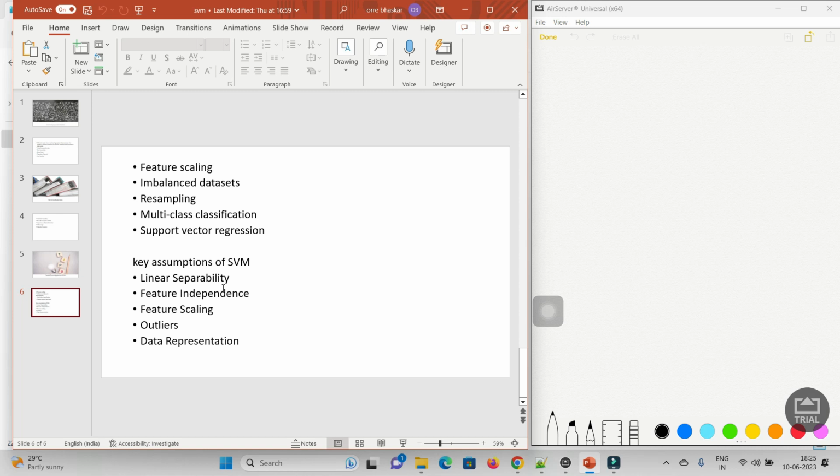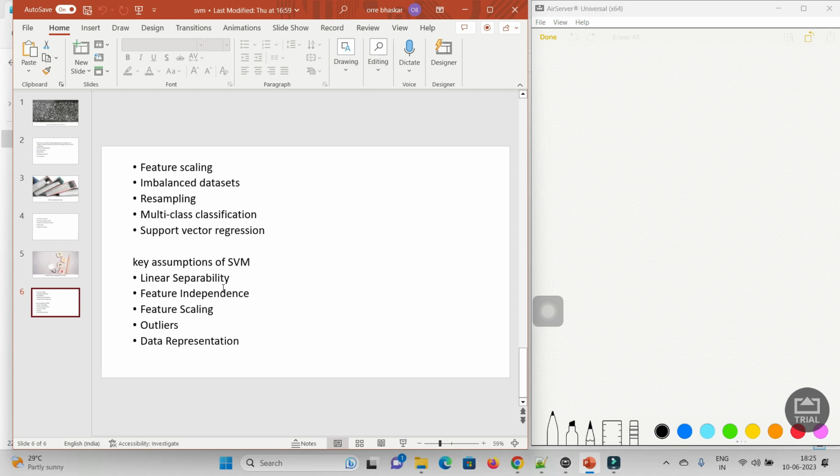Like any other algorithm, SVM has its strengths and limitations. SVM offers great flexibility, but it's important to understand that its performance is highly sensitive to the choice of hyperparameters. Additionally, SVM can be computationally complex for very large datasets.